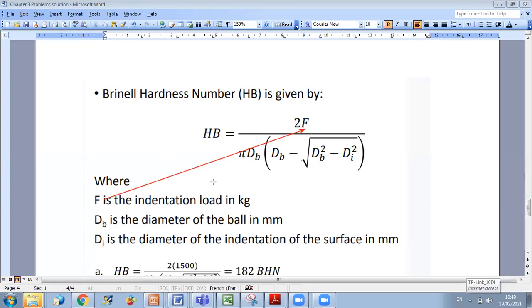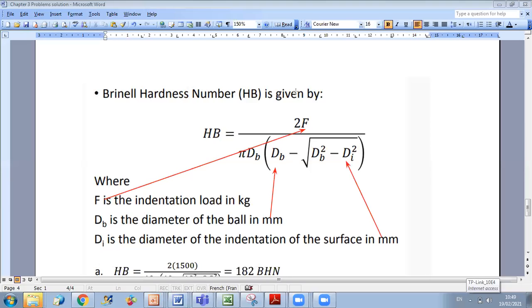This is why sometimes they put the unit of force in kilogram, and they represent the mass that gives the equivalent force in Newton. If I give you the force in Newton, you should pay attention to not replace it in Newton. You should divide by g in order to transform into kilogram. So F should be in kilogram, and D and d_i should be in millimeter. If I give you centimeter or any other unit, you should convert to millimeter.